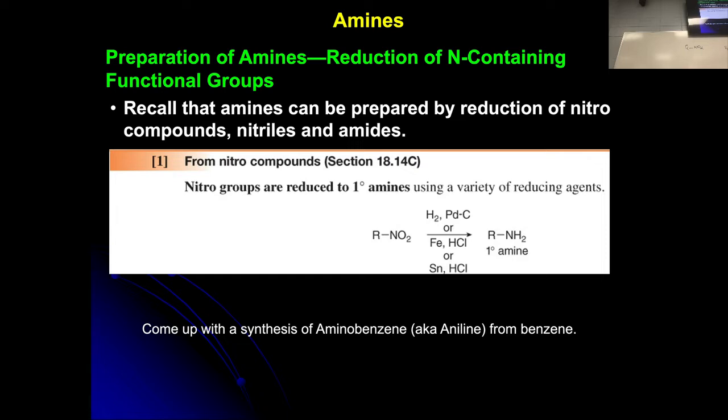But what you can notice here is that we already have the carbon-nitrogen bond that would be required in an amine. And I can draw that a little differently so you can see everything written out. That's what the nitro group looks like. Nitro has a positive charge.